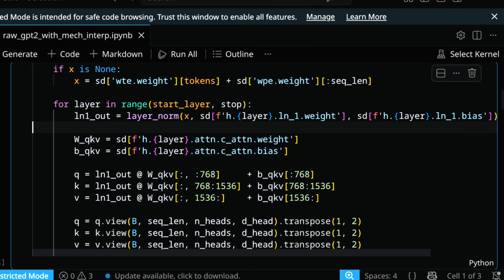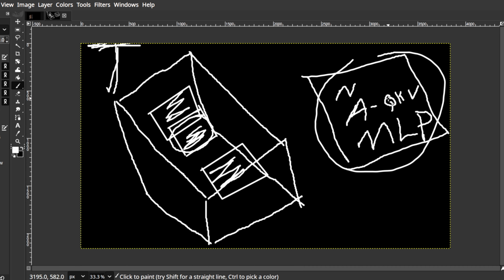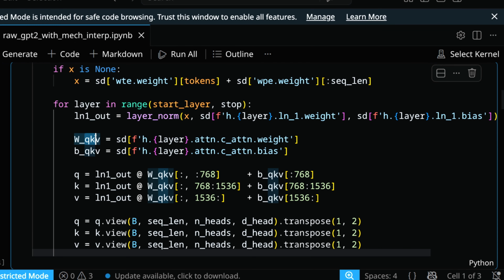There's the QKV, which is queries, keys, and values, and that's what I was talking about earlier, which is right here in the attention mechanism, the QKV, like the person wanting to call their friend, and so they look up the friend's name in the phone book, and then they find their number and call them. So that's like the queries, keys, and values. And right here it says QKV.